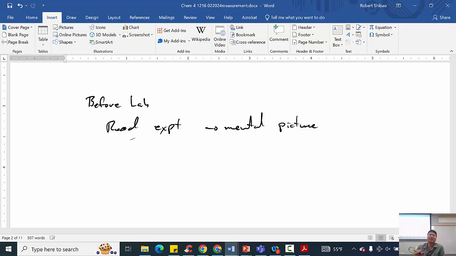And so before lab, we try to generate this mental picture of what's going on and then conceptually understand it and get that cleared up before coming into lab so that you're prepared for the pre-lab quiz. That was at UCLA. A lot of schools will have pre-lab quizzes. I don't have pre-lab quizzes.